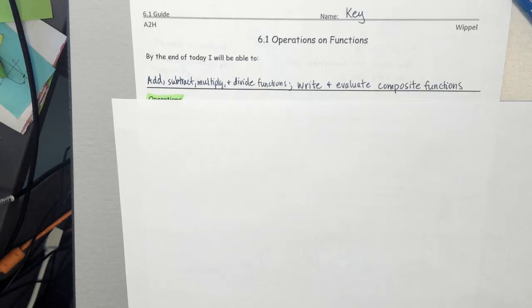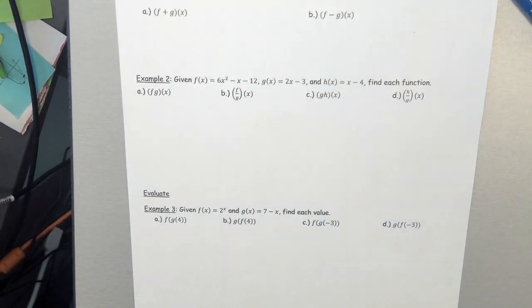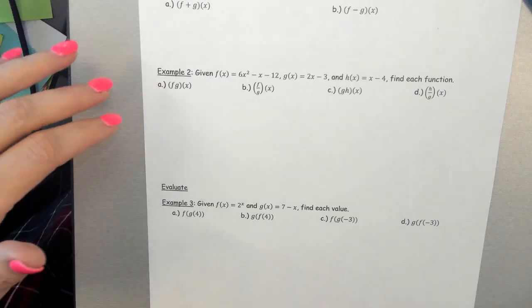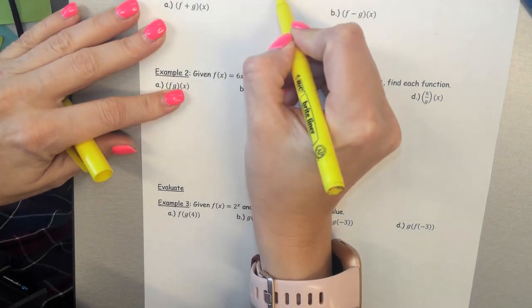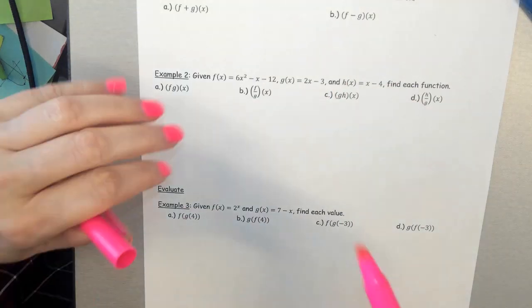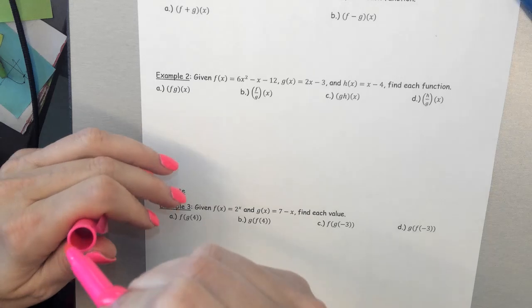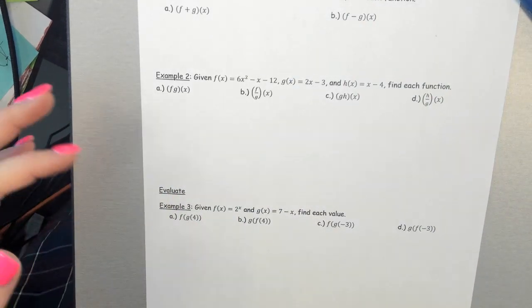The first part we're talking about, the operations, is going to be pretty simple. I think you guys will catch on to that very quickly. You are given a value for f of x, and you are given a value for g of x. You have to find your given function.